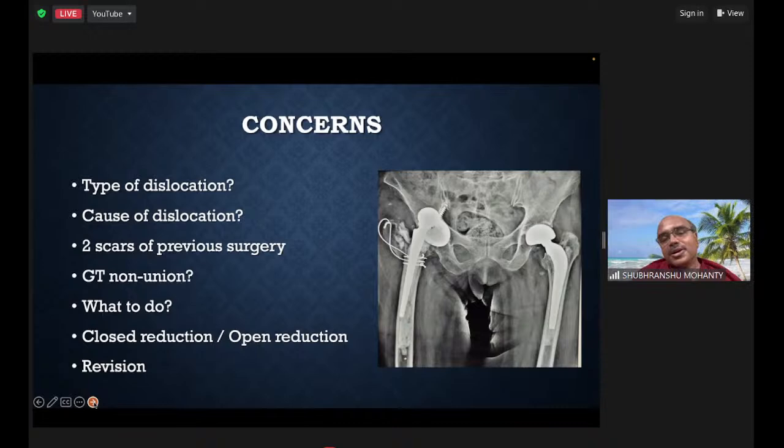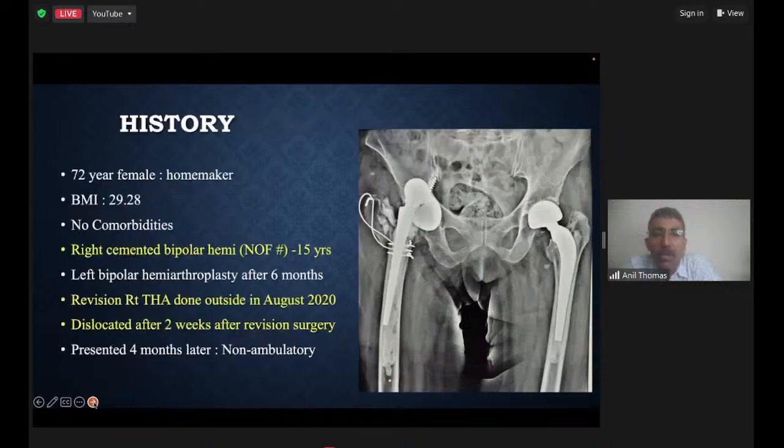How to approach this? Do you do a closed reduction? You said this is a first dislocation, right? Yes. But it looks like it's compounded with problems. We don't know the integrity of the GT. Closed reduction definitely, but it will be worthwhile looking at the version of the components first.